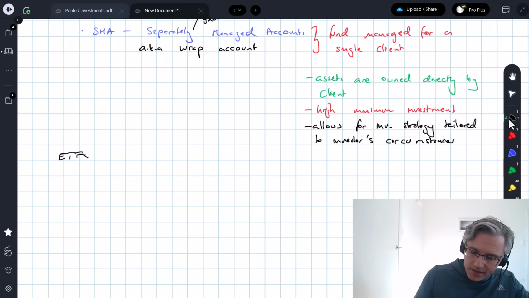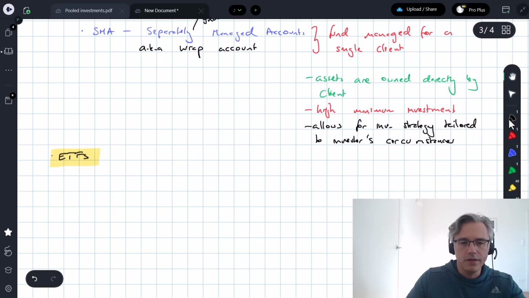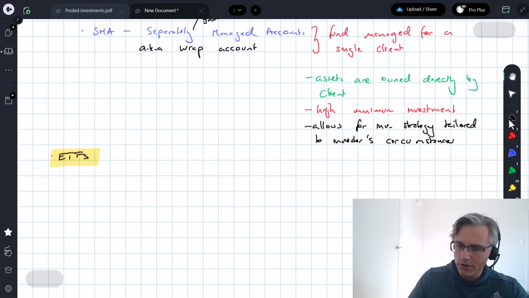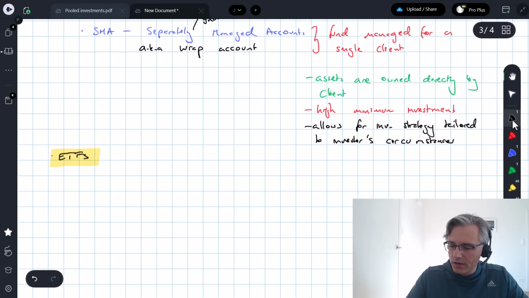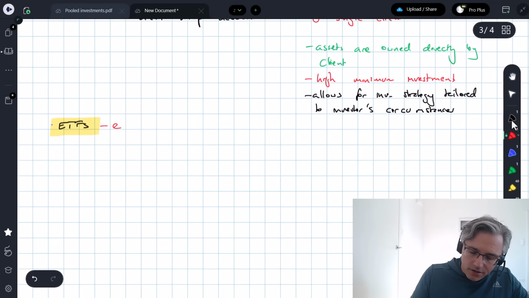The second one is ETFs, which over here just get mentioned very briefly without going into too much detail, and I won't go into too much detail either. But ETFs are exchange-traded funds.